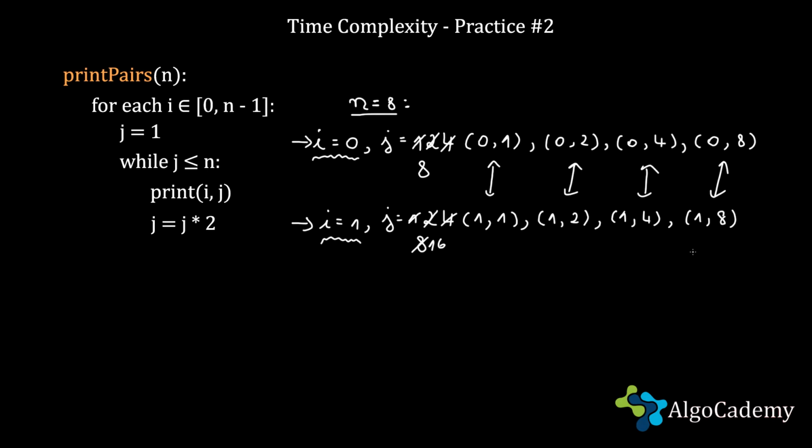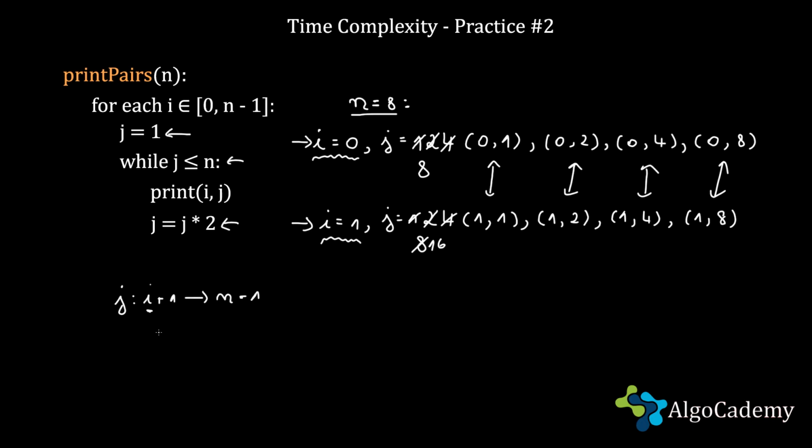This is very interesting, and is the first observation that we can make. Unlike the previous algorithm, where if you remember j started with the value i plus 1 and was basically incremented until it hit the value n minus 1, now j starts with 1, always gets doubled, and should be less than or equal to n. So there is no i involved.